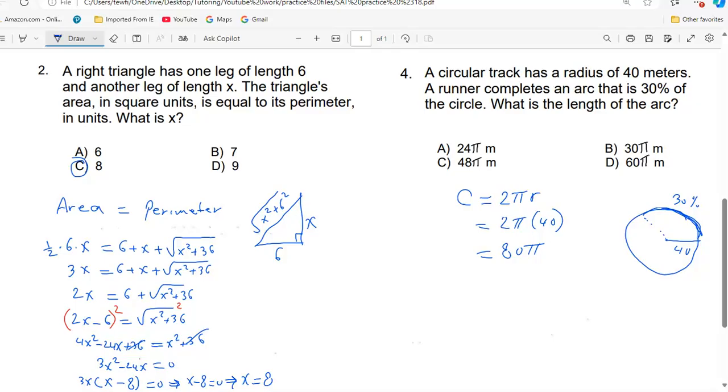So our question, the length of the arc, will be 30% of the circumference, which is 30 over 100, 3/10, multiplied by 80 pi, and that's going to give you 24 pi, and that is choice A.